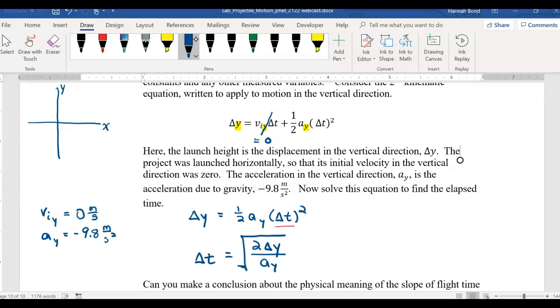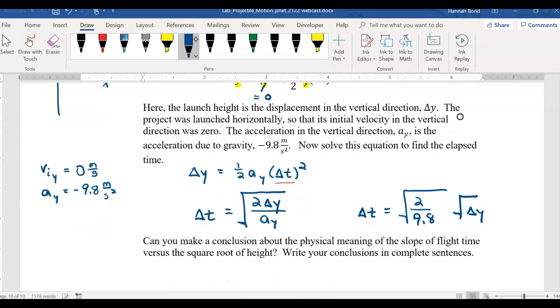And if we plugged in the numbers that we know here, delta t would be the square root of 2 over 9.8 times the square root of delta y.